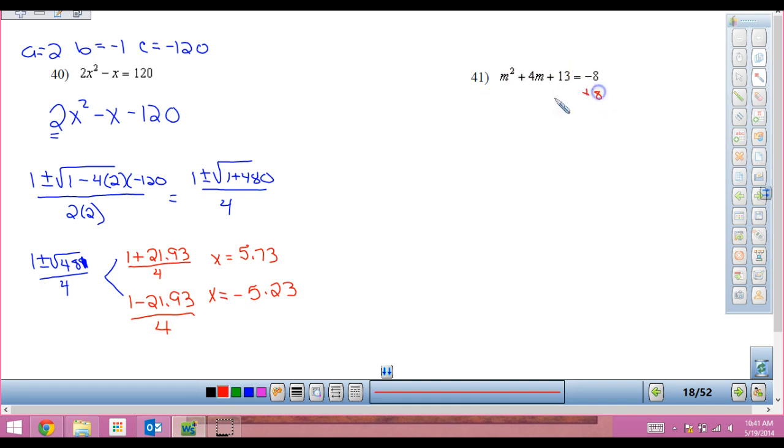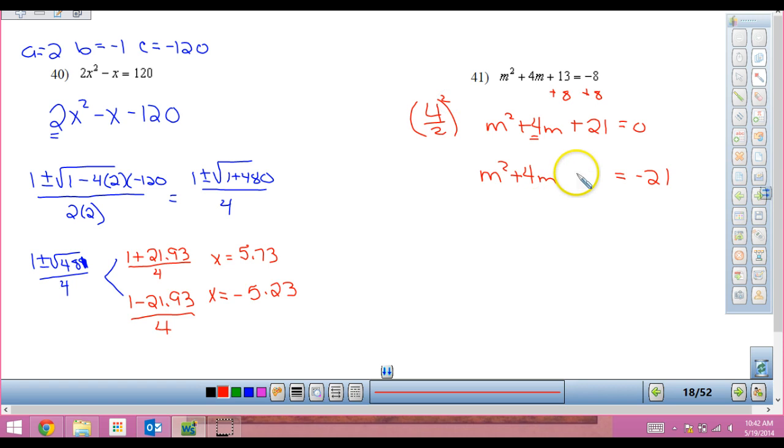All right, so here when we move our 8, we have m squared plus 4m plus, what do we get here, 21 equals 0. Okay, you can use quadratic formula or you can use completing the square. Either way it's going to work. So m squared plus 4m equals negative 21. Okay, 4 divided by 2 squared is going to be 4. So plus 4 and plus 4.